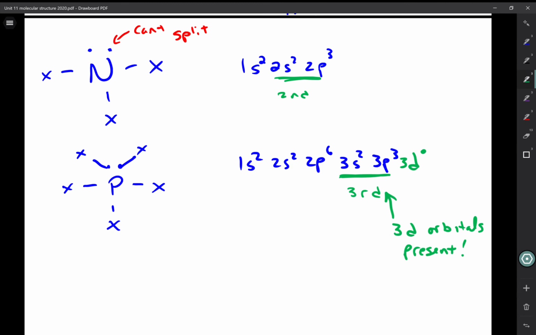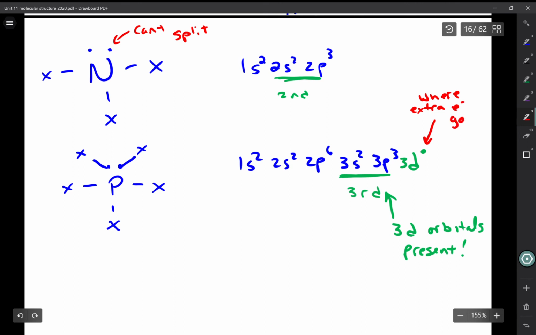But that 3d orbital is where extra electrons go. When these bonding sites split up and take on those extra electrons, they go in this extra d orbital. Nitrogen, since the second energy level doesn't have d orbitals, cannot create those extra bonding sites. So there you go.